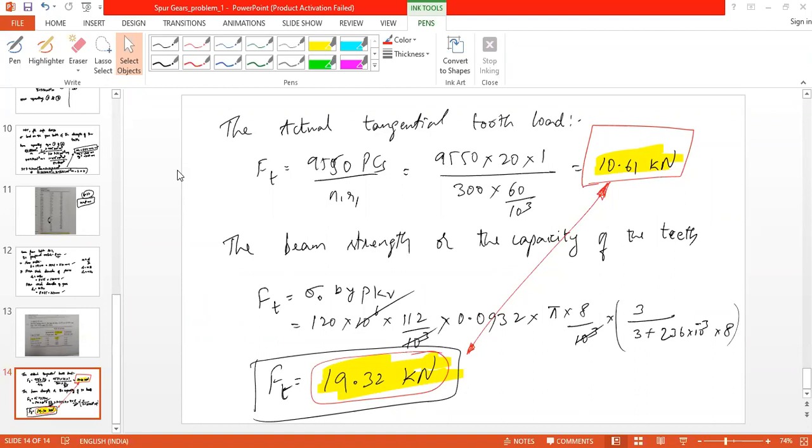The teeth are 20-degree involute profile, and the sigma O for the gear material is 50 megapascal.